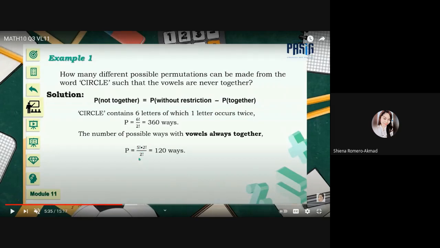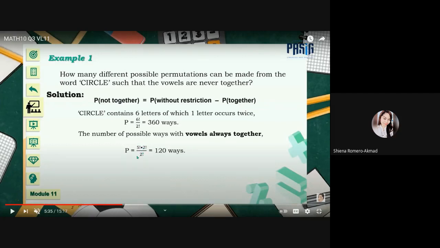We divide it by the things that are alike, which is C, there are two C's, so we divide by 2 factorial. And also, you have to multiply that by the permutation of the two vowels because they can swap places. And the number of permutations of that is 2 factorial. Is it clear why it became 5 factorial times 2 factorial divided by 2 factorial?